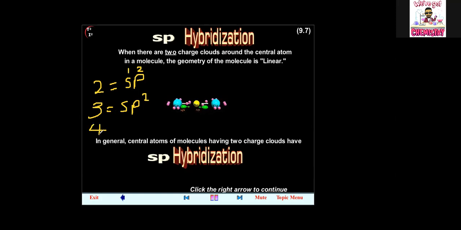If you have 4 charge clouds, you're going to have sp3. So 3 plus 1, 4. That's just the trend. Once you know the charge clouds, it is easy for you to just predict the hybridization. All right.